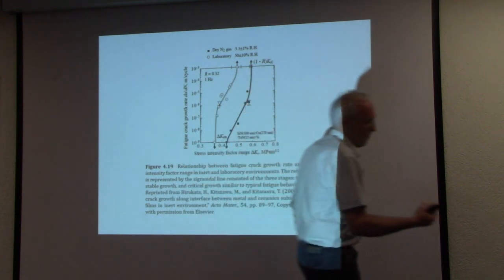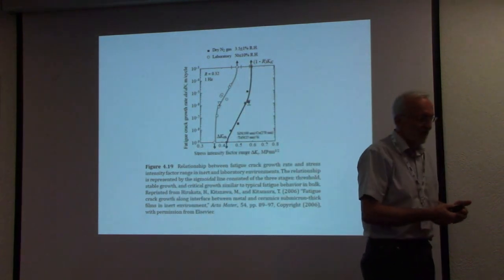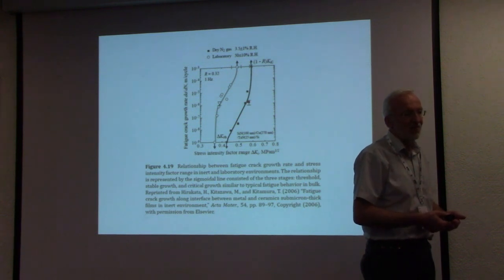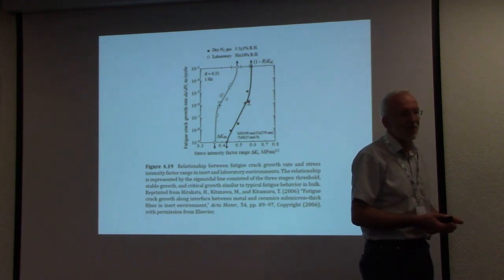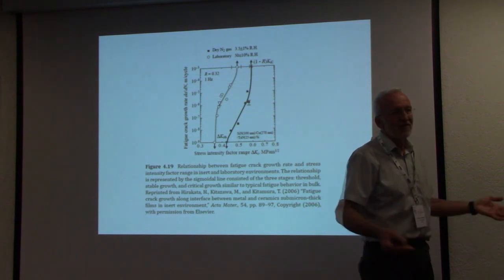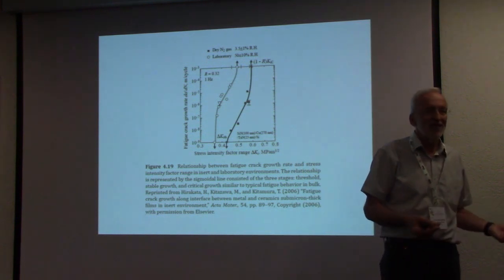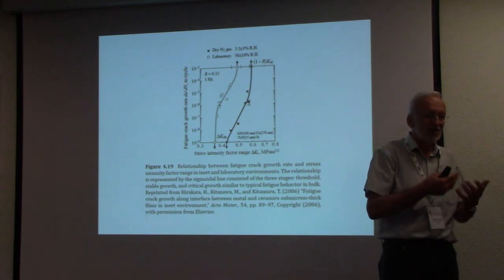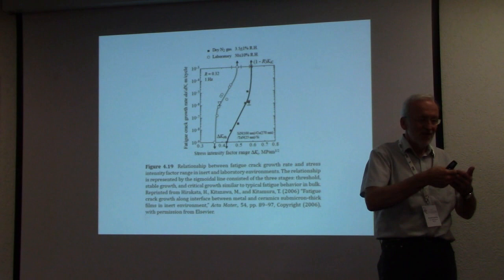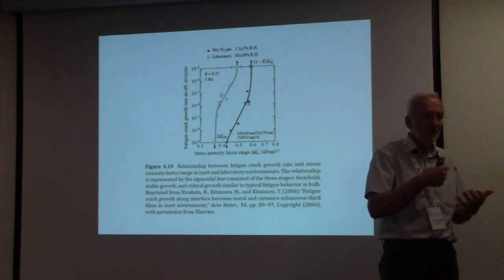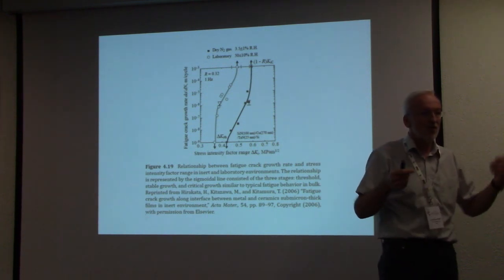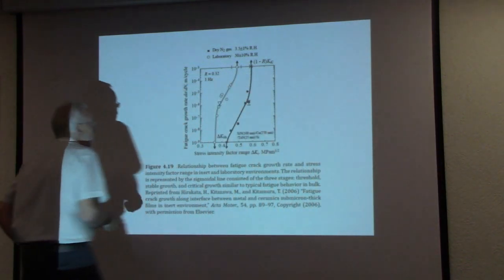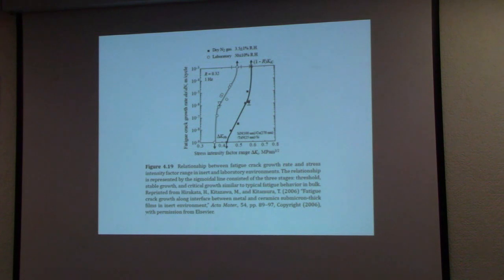You know that, for example, if you fracture a window glass in dry air, or if you fracture a window glass in water, the fracture strength is significantly different, because the energy which you need to generate the new surface is different, since you have the water on the other side. That's simply a difference. And this also strongly affects the crack growth rate.